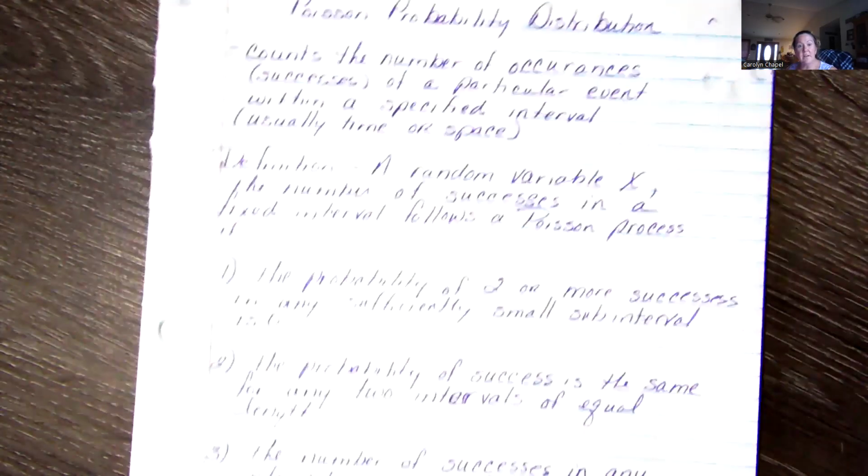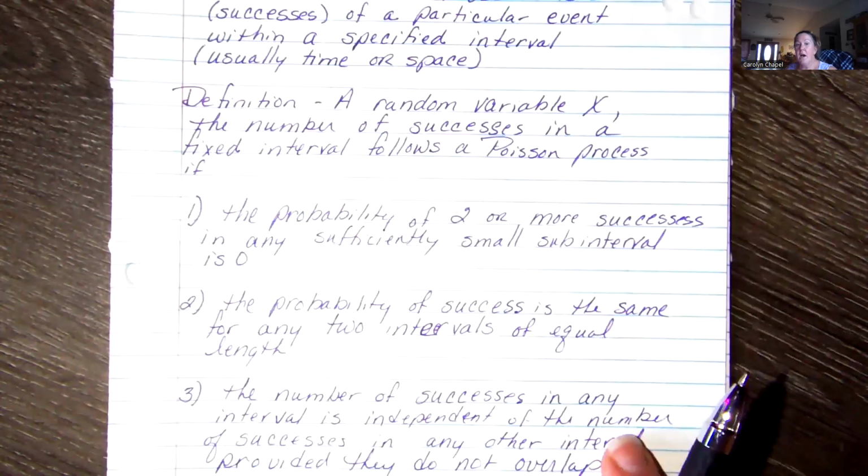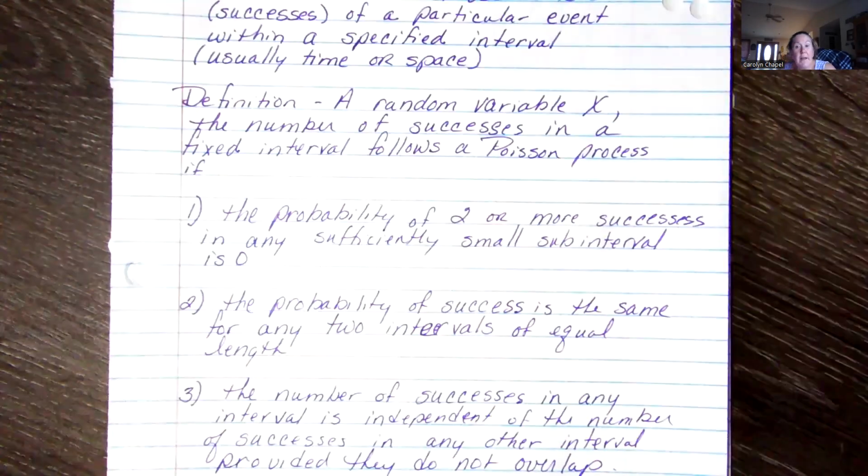So the next thing I did is write down the definition for us. A random variable x, which is the number of successes, follows a Poisson process if, first of all, the probability of two or more successes in any sufficiently small subinterval is 0.